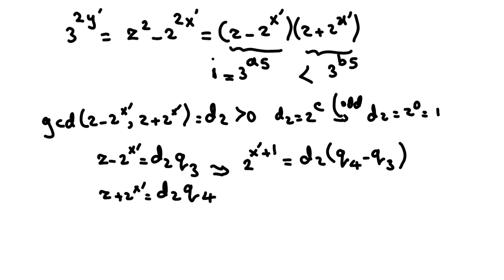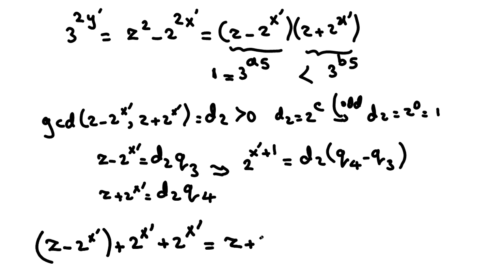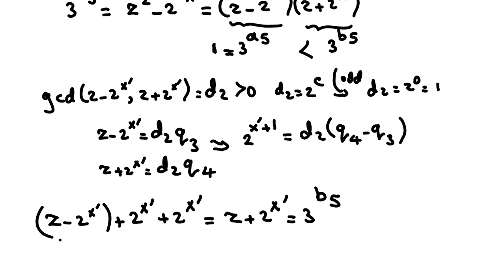When it is 1, we can say something. We can say this one is 1 and this one is 3 to the b5. So z minus 2 to the x prime equal to 1, and z plus 2 to the x prime is 3 to the power of b5. Look, this is plus 2 to the x prime plus 2 to the x prime.